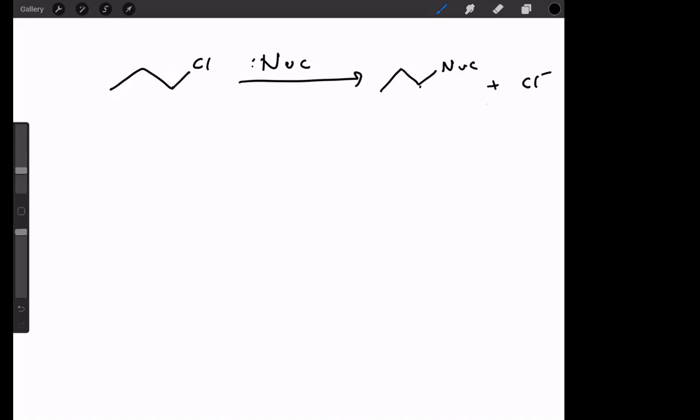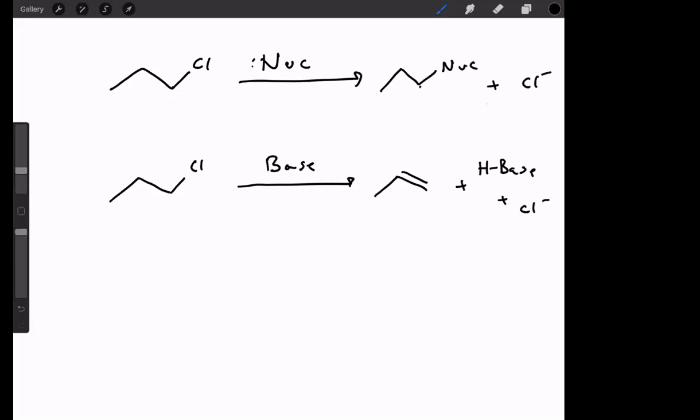An elimination reaction is essentially the same substrate as a starting material, but instead of reacting with a nucleophile, it reacts with a base. And instead of substituting, we form a double bond. The base gets protonated and we still have the chloride hanging around.